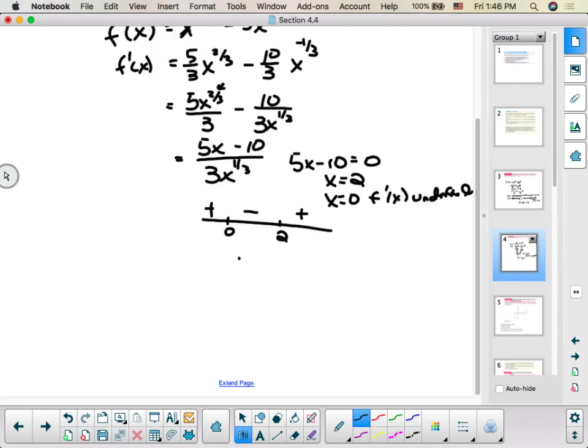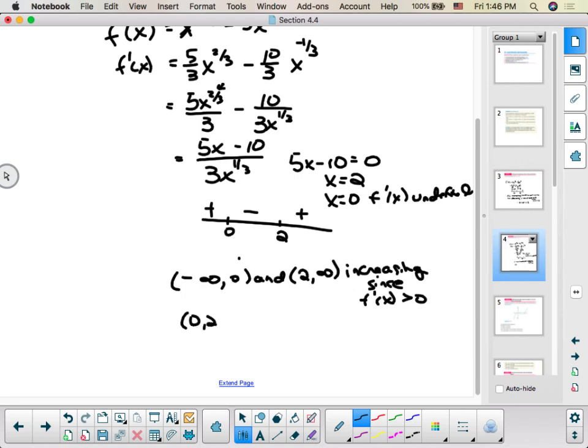So that tells us we are increasing from negative infinity to 0 and 2 to infinity, and decreasing from 0 to 2.